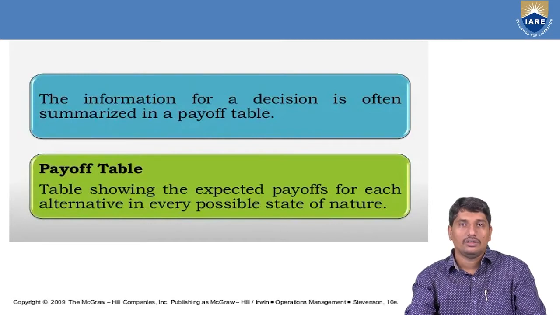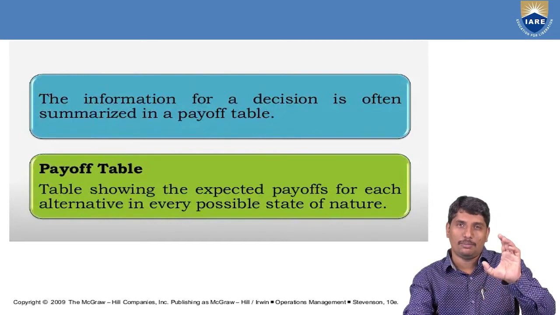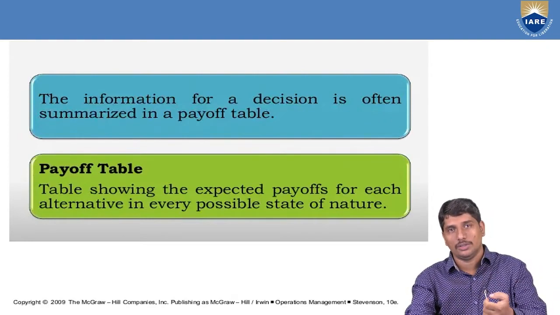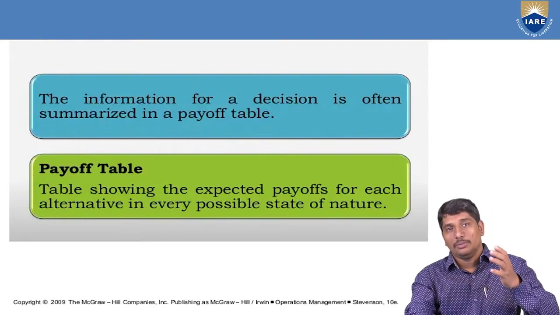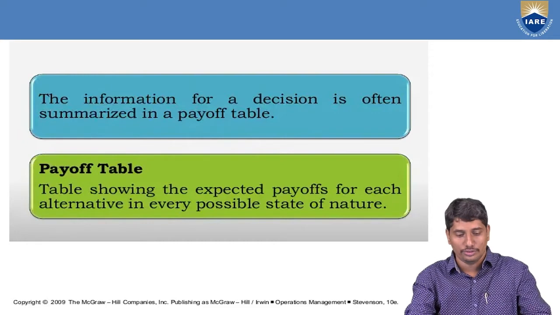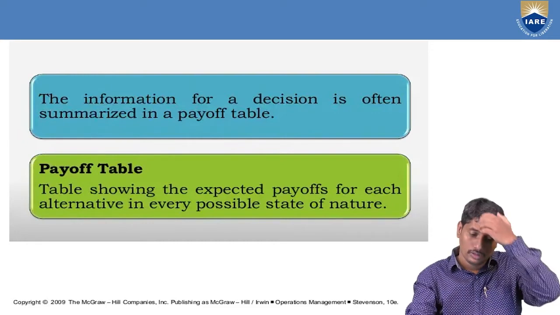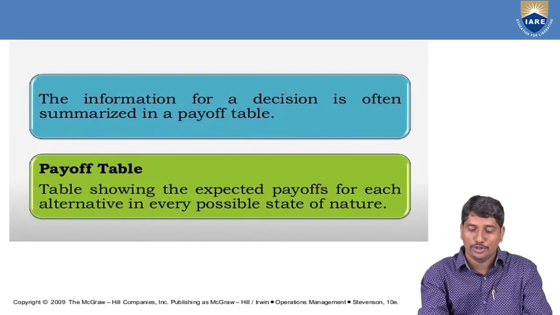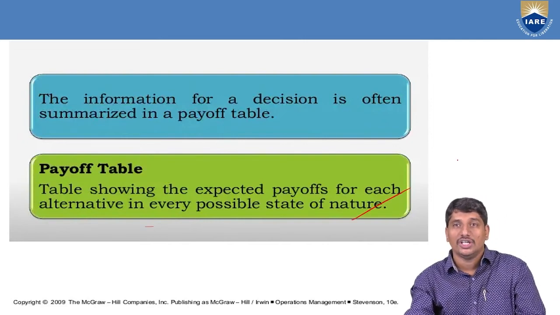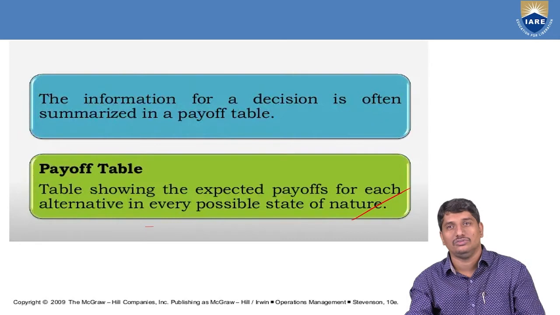It represents the amount of information either we are going to gain or we are going to lose, in terms of machine learning. That means the number tells you how much information gain or how much information loss you are going to have. A payoff table is a table showing the expected payoffs for each alternative in every possible state of nature. Okay.